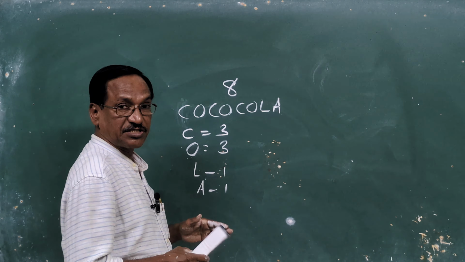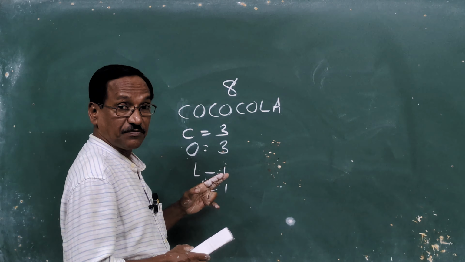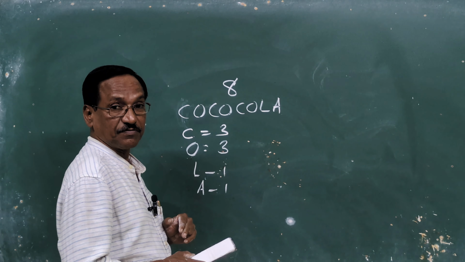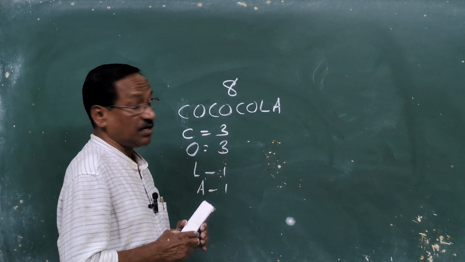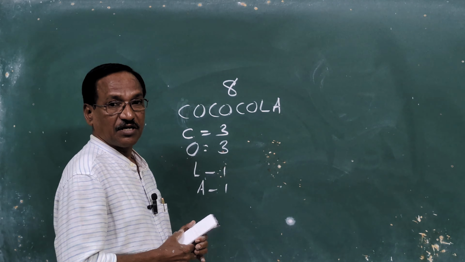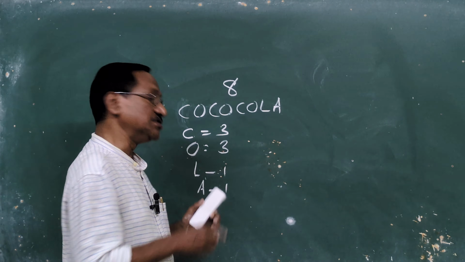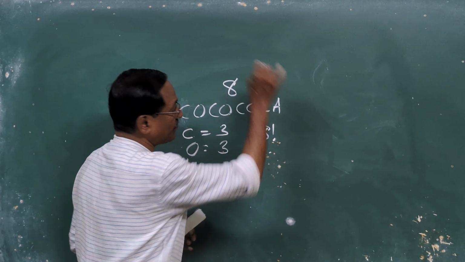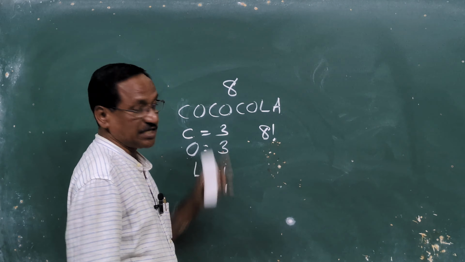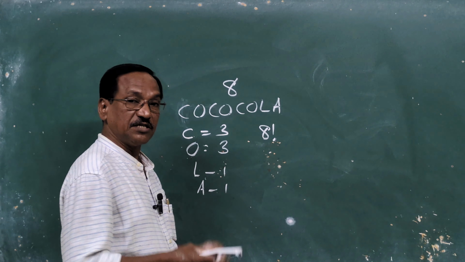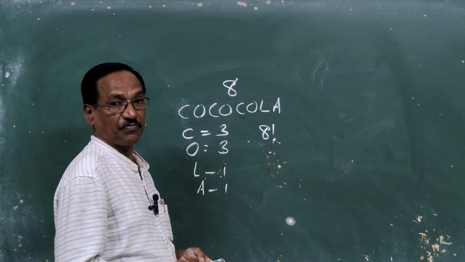Of the 8 letters, 3 letters are repeating, 3 other letters are repeating. In such cases, when something is repeated, the number of arrangements is not equal to the number factorial. Here there are 8 letters, but the number of different arrangements is not equal to 8 factorial.